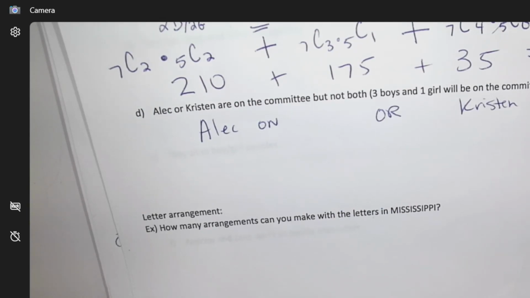That's not allowed, because one of them has to be on. And we also can't have a committee where they're both on. So there are 4 kind of scenarios here where Alec is on but Kristen is off. Kristen is on, Alec is off. They're either both on or both off. Okay, but I don't want those. I only want these possible scenarios.